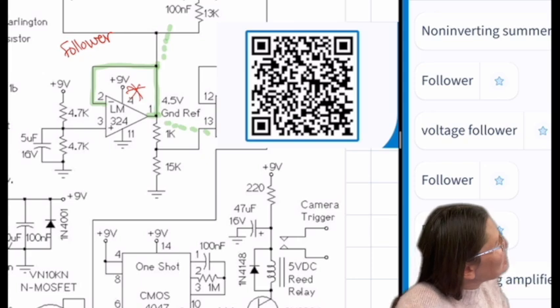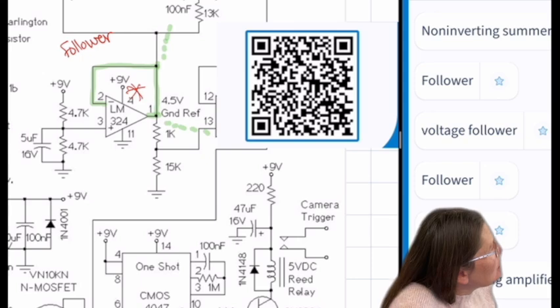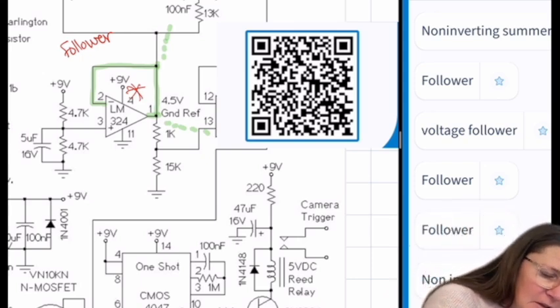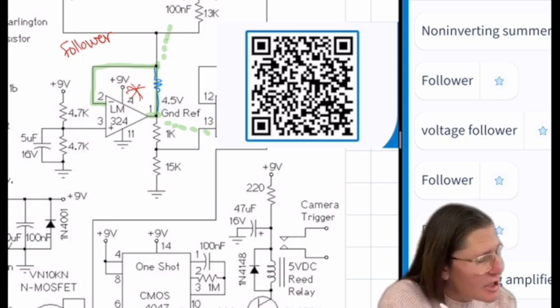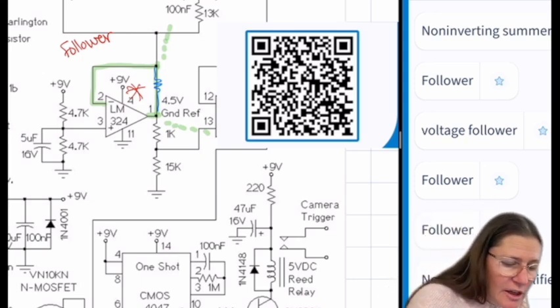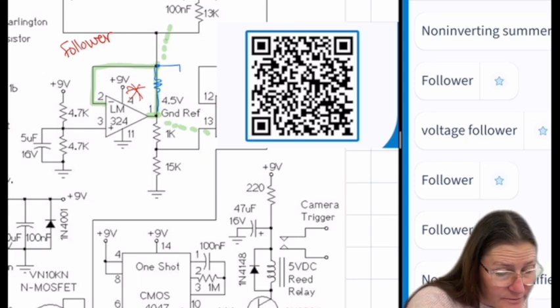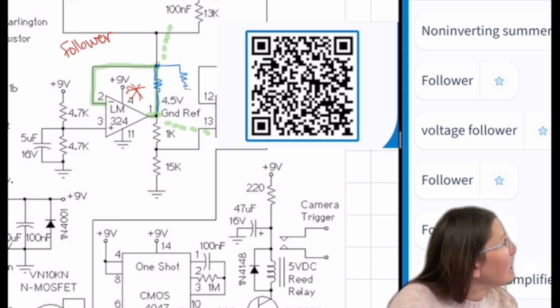Well, I guess that looks confusing on the right. I'm trying to think how to explain that. So there's a difference if I had a resistor here, and then a resistor off this side to ground, then it would be a non-inverting amplifier.